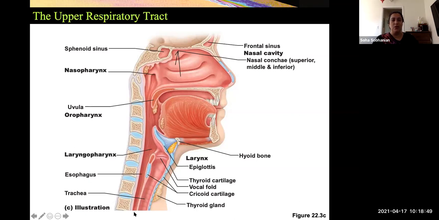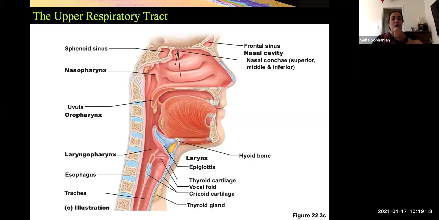And then you continue going down, either your esophagus or your trachea, depending on whether you're talking about food or the respiratory system. So in an exam, guys, if I ask you to write the path of air through your respiratory system, you cannot just say nose, nasal cavity, and pharynx.